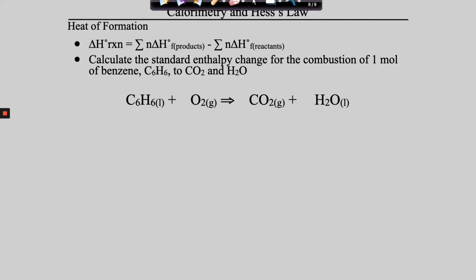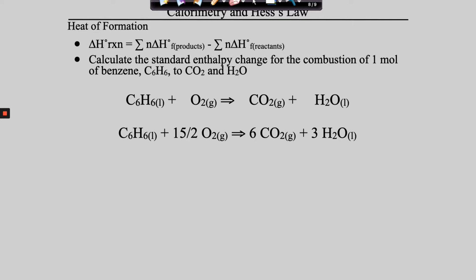It says this: Calculate the standard enthalpy change for the combustion of 1 mole of benzene, which is C6H6, to form carbon dioxide and water. And guys, you could bounce back and forth, and you could go 6 carbons and 1 carbon, so you need a 6. And eventually what you would find is this is the way we balance the equation.